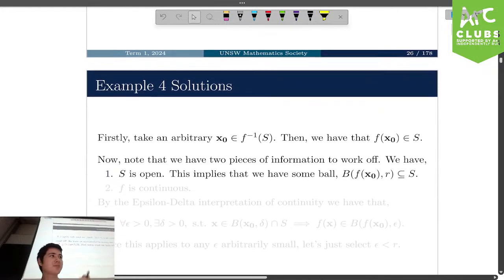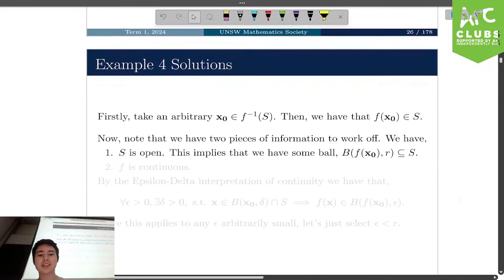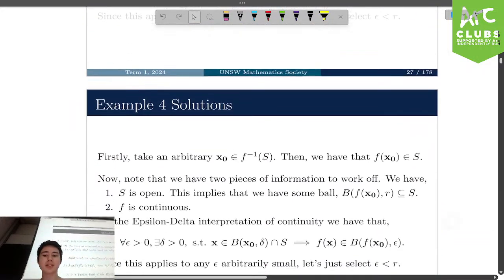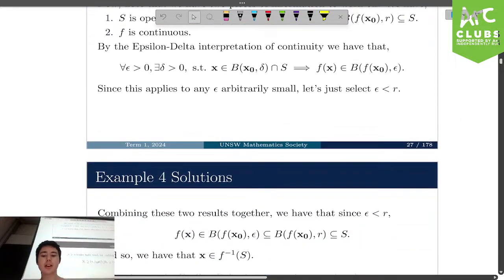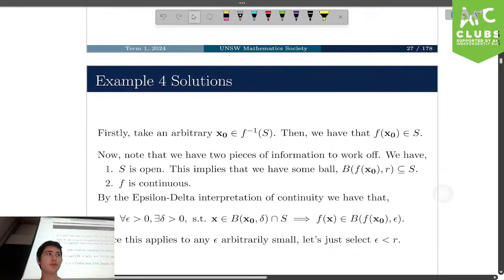It means that you must have space for limits, which means that your preimage must also be open, right?